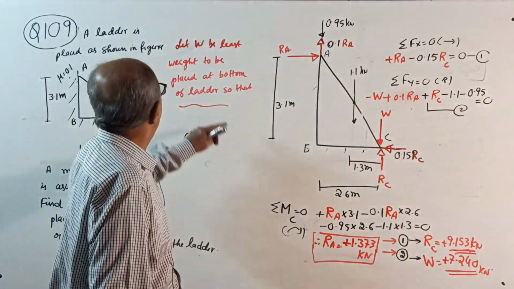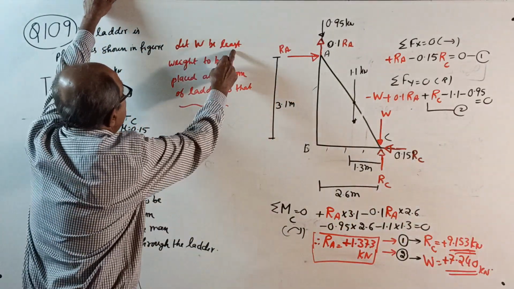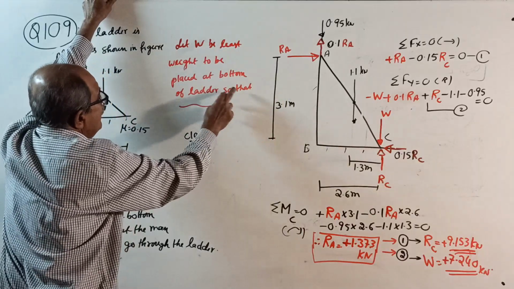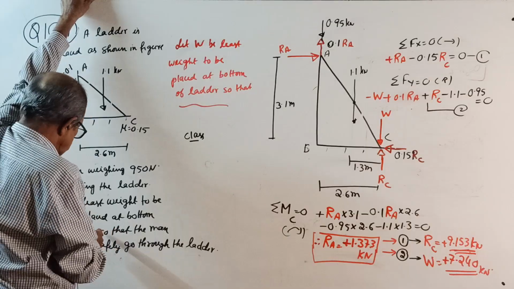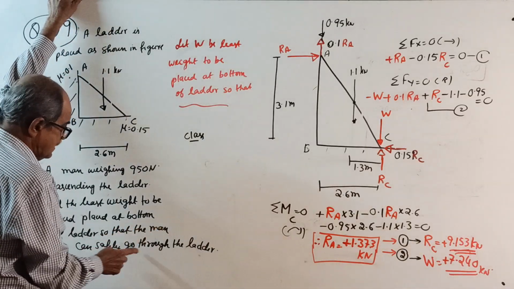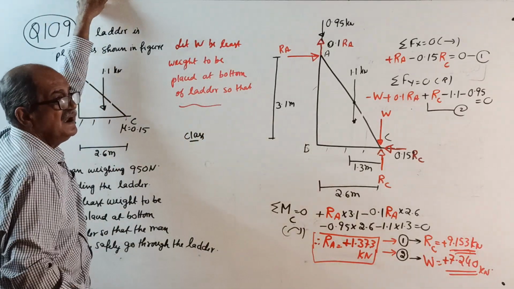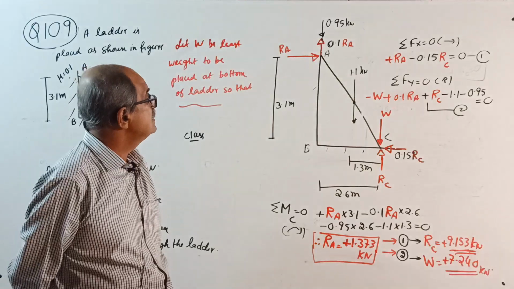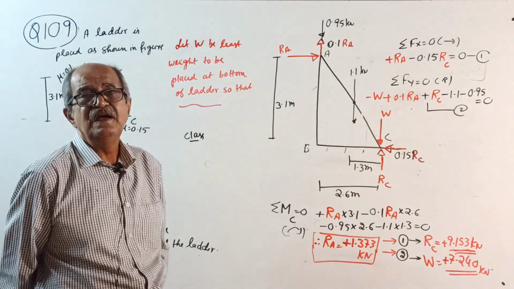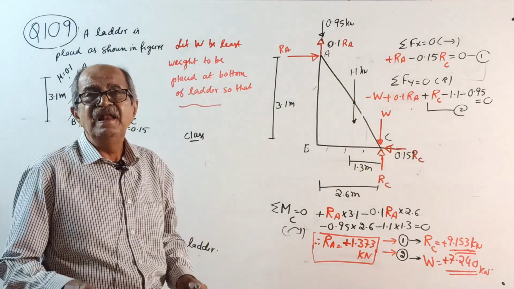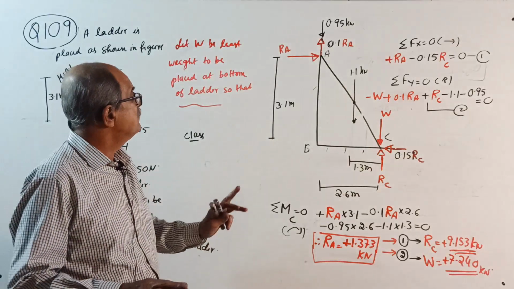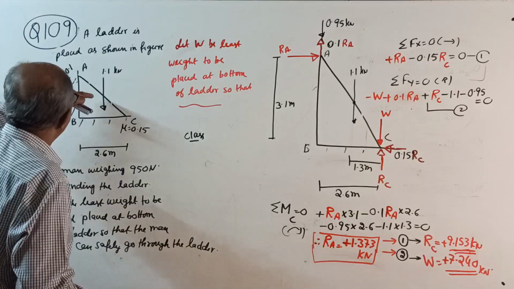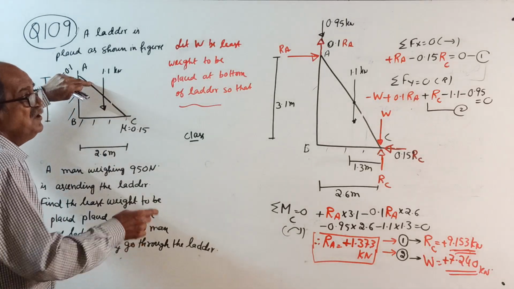Let W be the least weight to be placed at the bottom of the ladder so that the man can safely go up the ladder. Then write: you have to place the person at the worst position. The worst position is when he stands at the top of the ladder. Unless in the question they tell that the man wants to reach only up to here, then you can place him here.